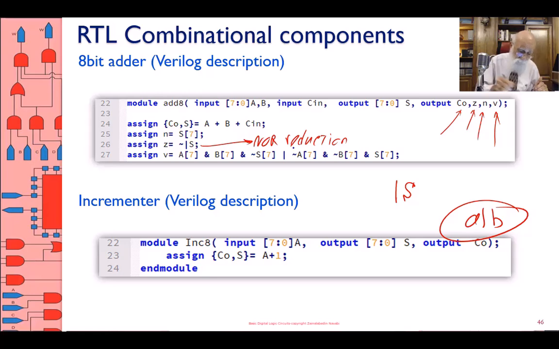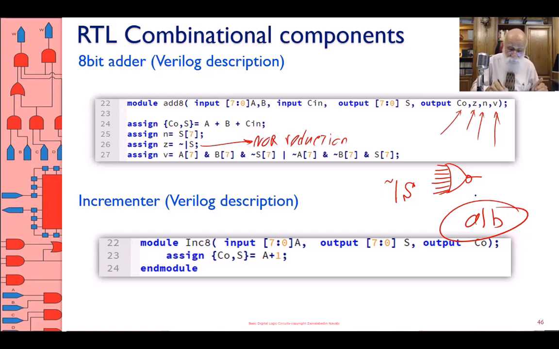Okay, so this is NOR reduction, meaning that first all bits of S are ORed together. That means this. And therefore, if all of them are 0, this is going to be 0. If all of them are 0, you put a bubble here, which is that NOR action.